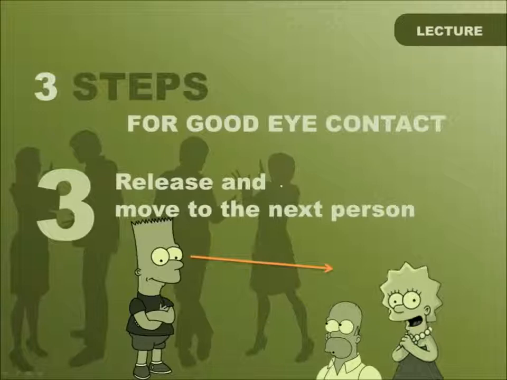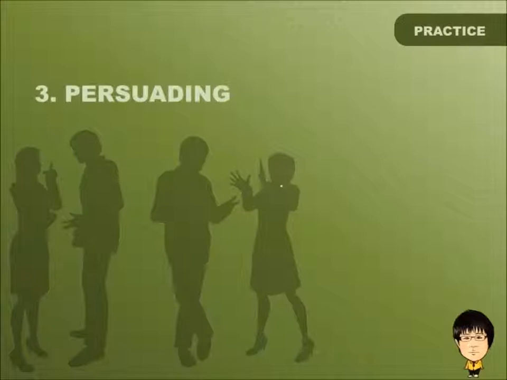Okay, that way you can make eye contact with as many audience members as possible. Okay, basic but important skills: posture and eye contact. Thank you. And let's move on to the practice part, persuading.